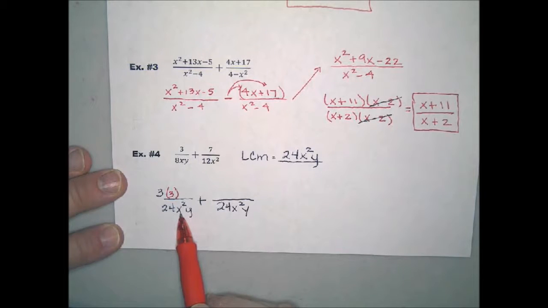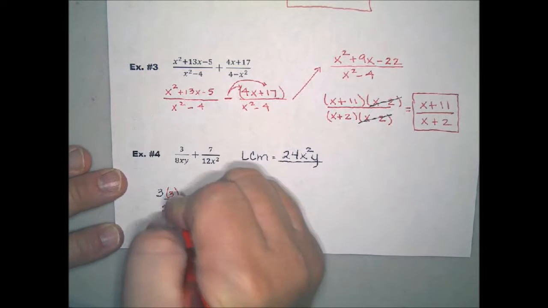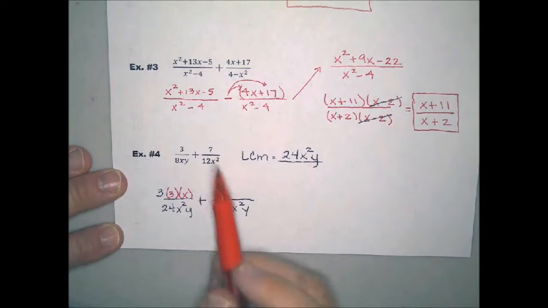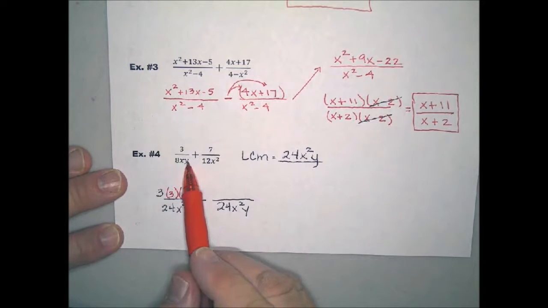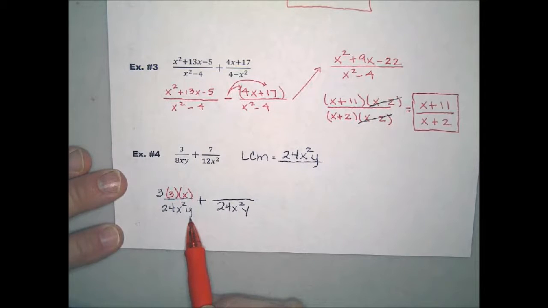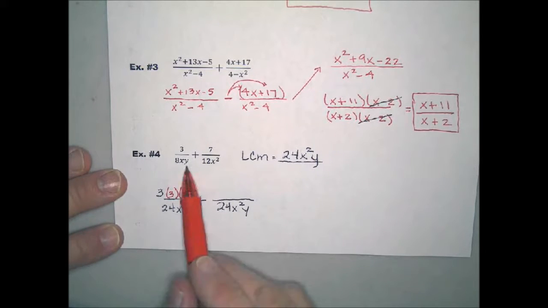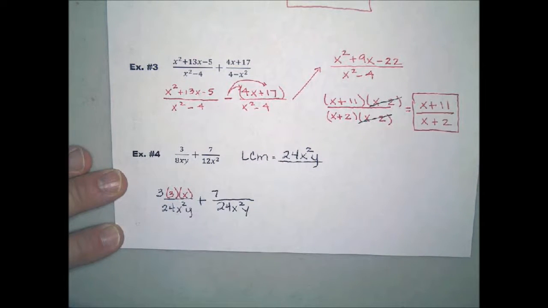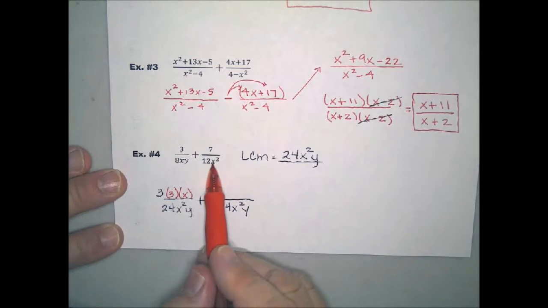This denominator has x, but the common denominator has x squared, so I also need another x. Now, this denominator has a y, and the common denominator has a y, so I don't need to do anything with the y's.